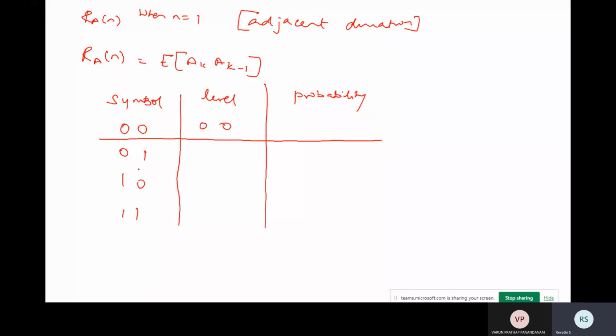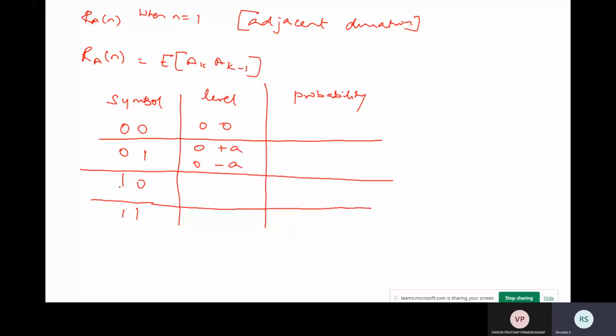For 0, 1, the first duration is 0, the adjacent duration, the next duration is 1, so it may have either 0 with plus A or 0 with minus A. For 1, 0, you are having first duration plus A or minus A, and the next adjacent duration may be 0 volts only. So it may be plus A or minus A in the first duration, but here it is only 0.